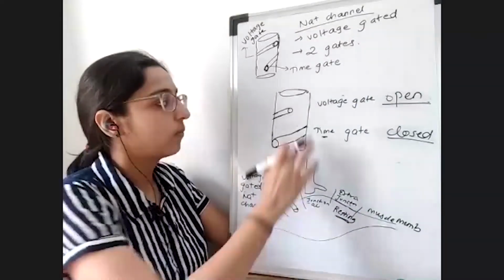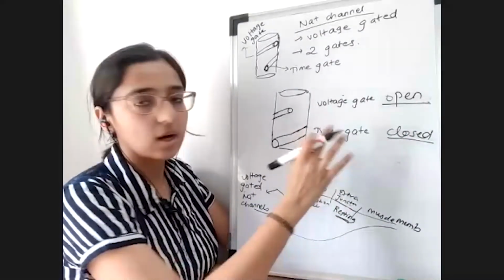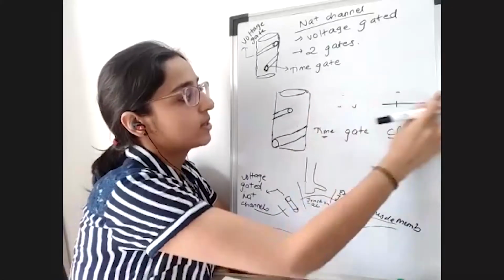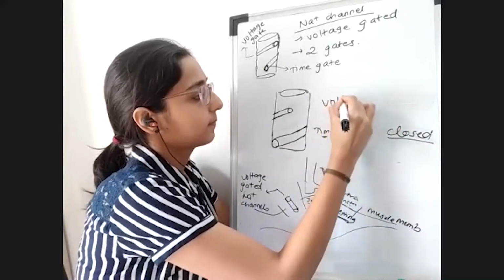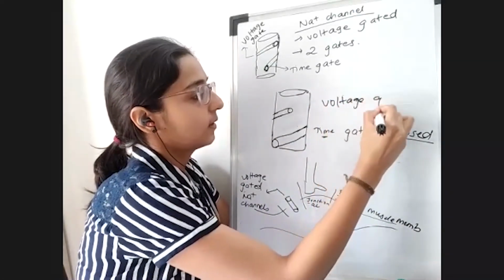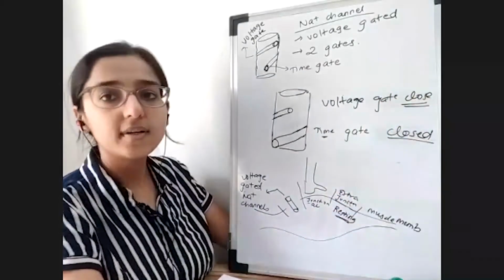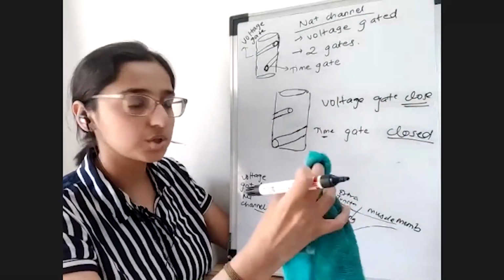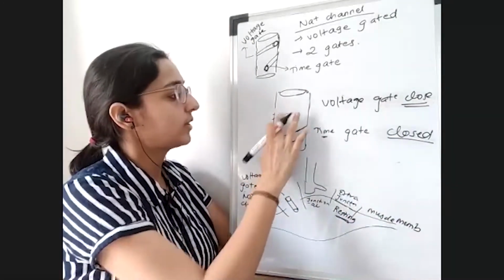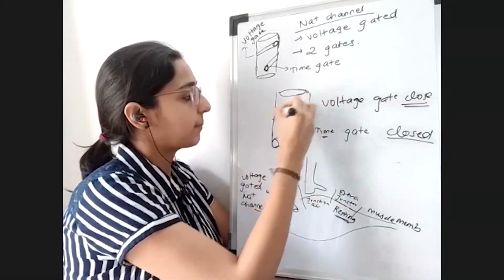Once the scoline gets washed out and there is no more scoline, the voltage gate will close, because there is no more voltage sensing and no more voltage changes happening.